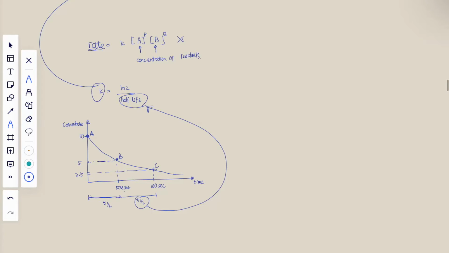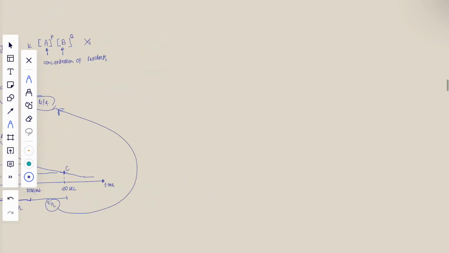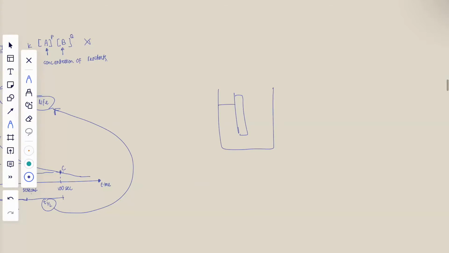Very simple. Let's say this is the light stick here. The light stick is immersed here in water, like this.